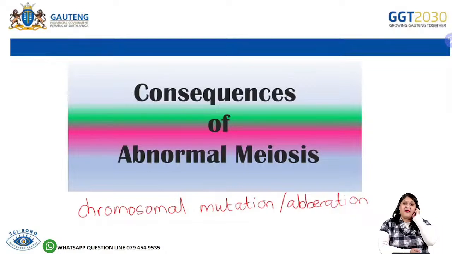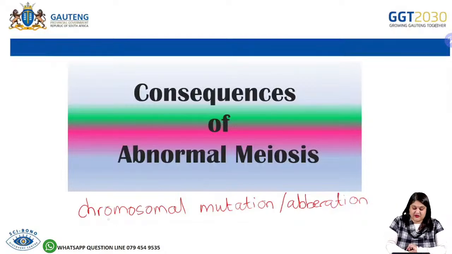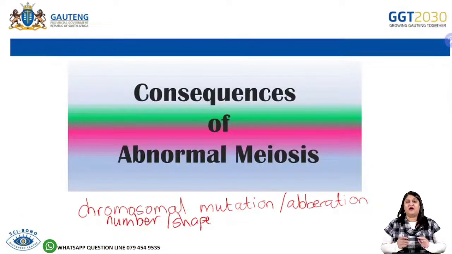Okay, so that is when we have an abnormality occurring where we have an extra chromosome, or basically it's a change in the number of chromosomes. It's in the number or the shape, okay, but it's an alteration that occurs in the chromosome.